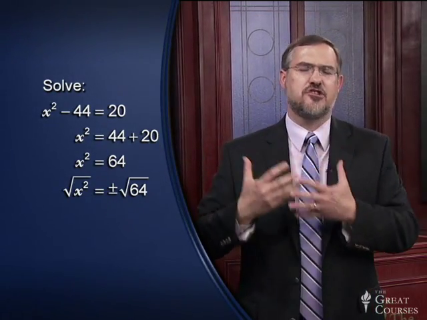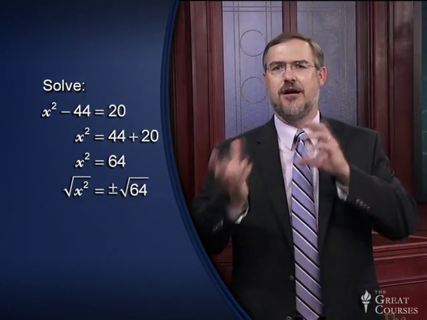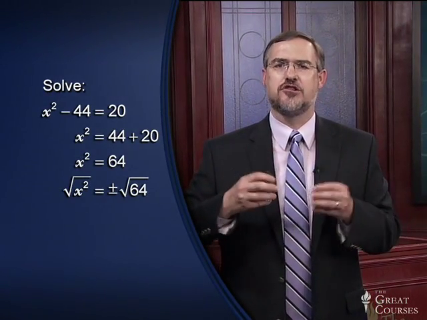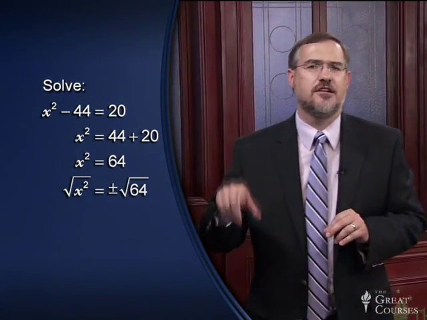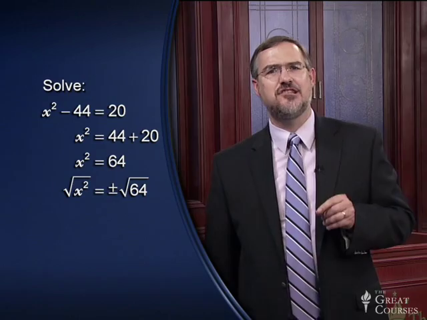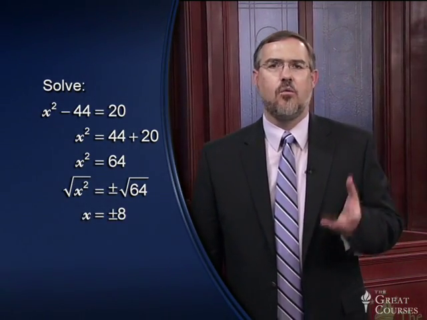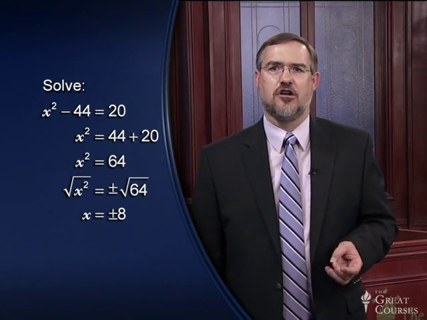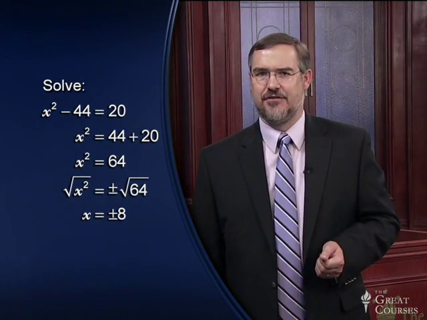Remember, the plus or minus is just coming in because we don't know if the x itself is going to be positive or negative after we've done all this work. So I have the square root of x squared equals plus or minus the square root of 64, and that's the same as x equals plus or minus 8. And once I've done that, I know that the solutions are x equals 8 and x equals negative 8.